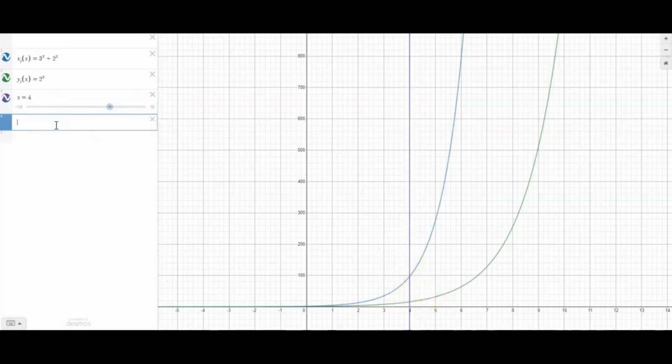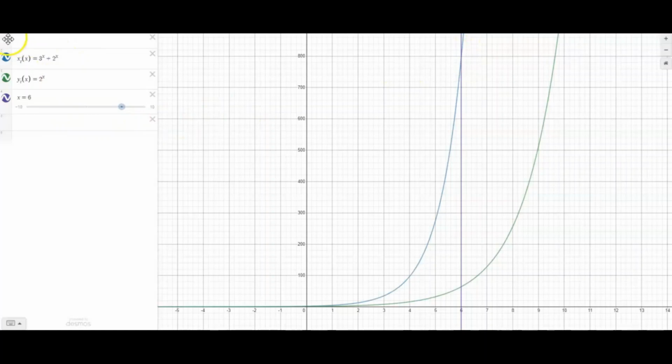But for x equals 6, those two curves are much farther apart, which means the ratio of the green curve, which represents the y value, divided by the x component, approaches 0.